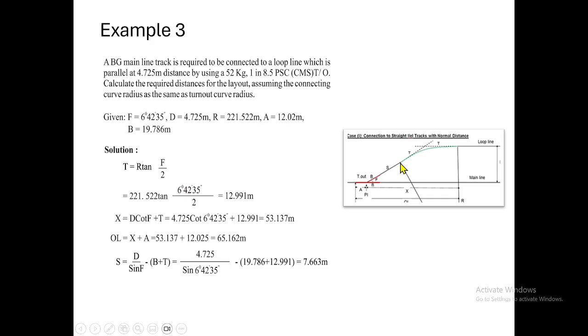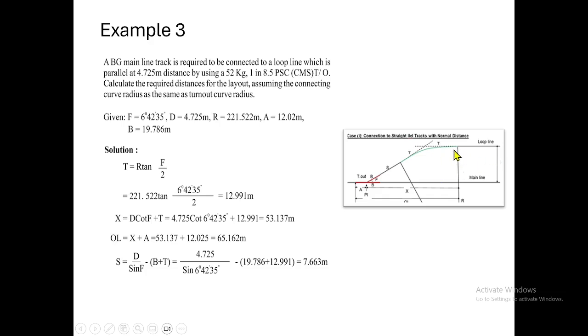So once we know tangent point 1 and tangent point 2, in between we can introduce the connecting curve. Being a small curve, we can adopt the simple method of setting out a curve, or you can use totalization. Once you connect this curve, a smooth, perfect connection will be achieved.